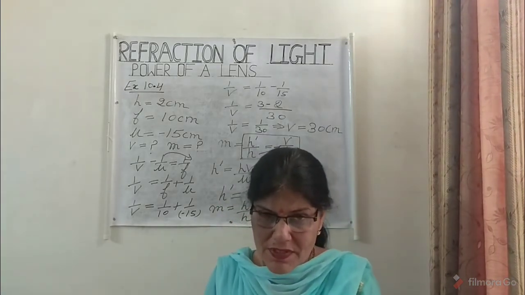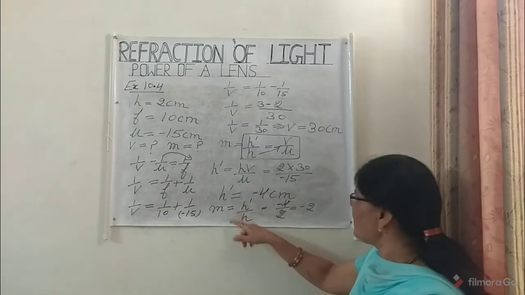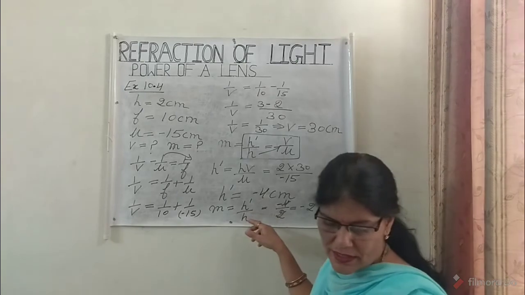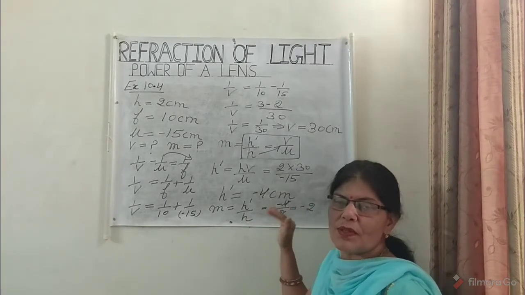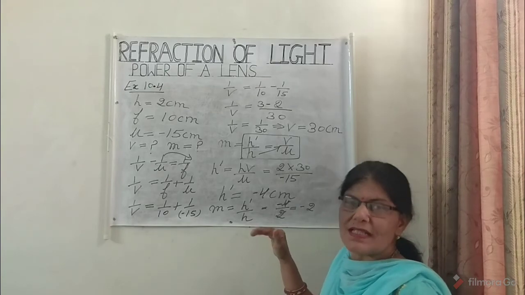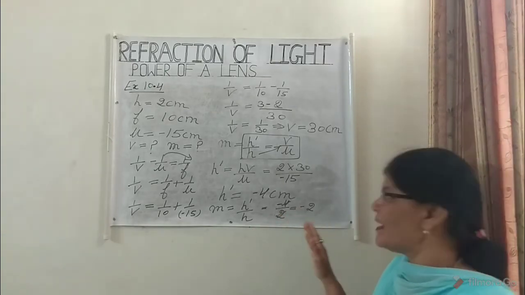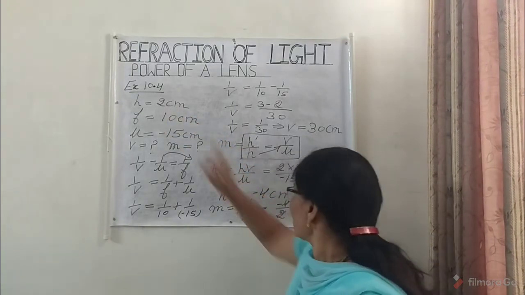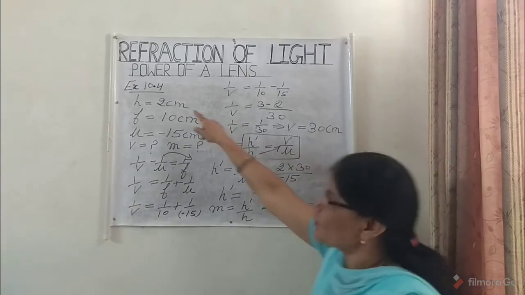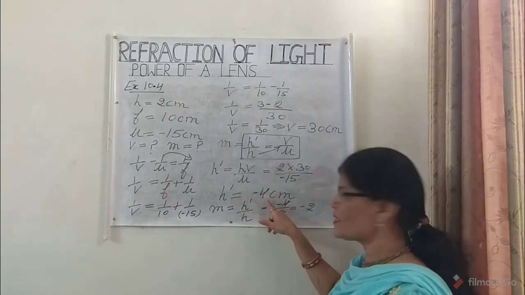The negative sign of M and H dash indicates that the image formed is below the principal axis. It is real and inverted. The size of the object is 2 centimeter and the size of the image is 4 centimeter.